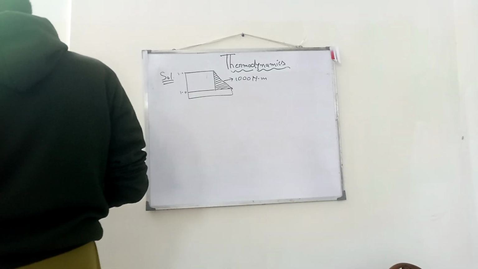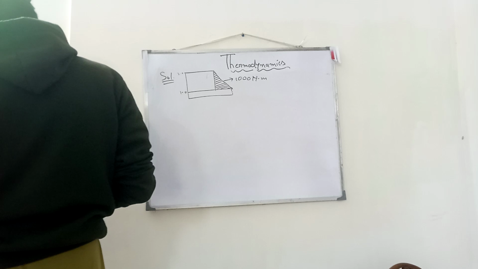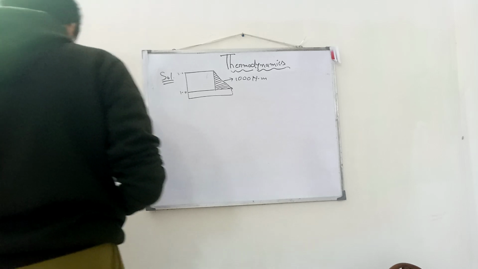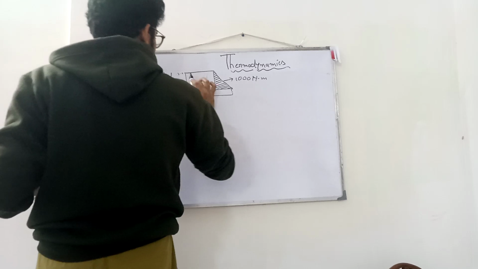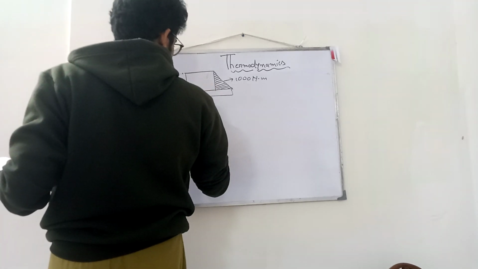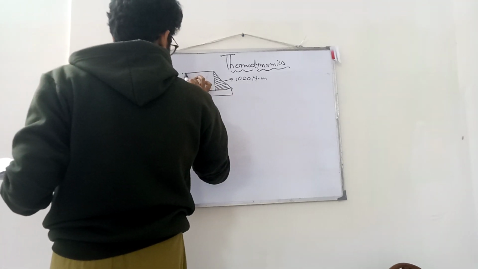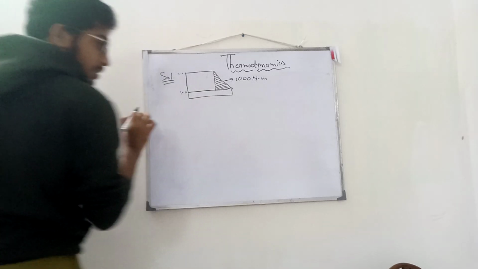Here in the question, we have been given the area of the labeled region. The area of the labeled region is 1000 Newton meter. So this is the labeled region, this is the total labeled region.